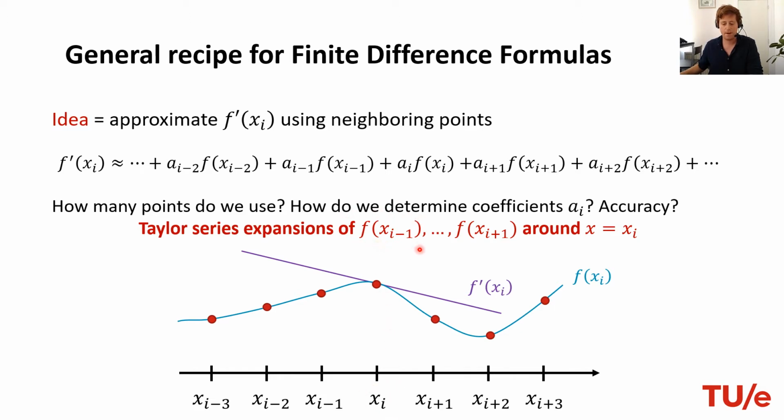So for neighboring values of x, we should make a Taylor series expansion around x is equal to x sub i. And as we will see, this allows for a very natural way in order to come up with these coefficients, and lets us say something about accuracy there.